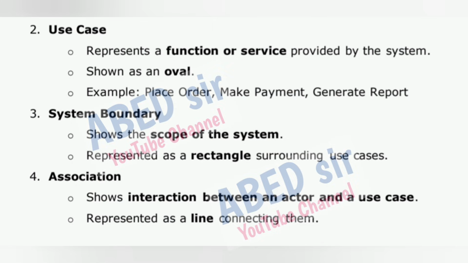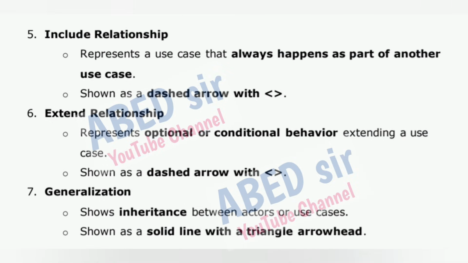3. System boundary shows the scope of the system, represented as a rectangle surrounding use cases. 4. Association shows interaction between an actor and a use case, represented as a line connecting them. 5. Include relationship represents a use case that always happens as part of another use case, shown as a dashed arrow with. 6.